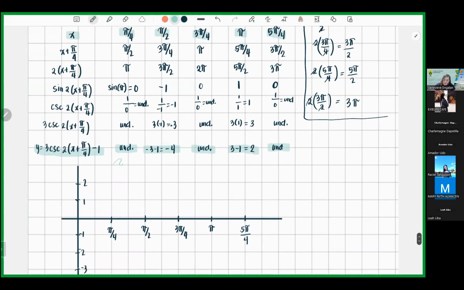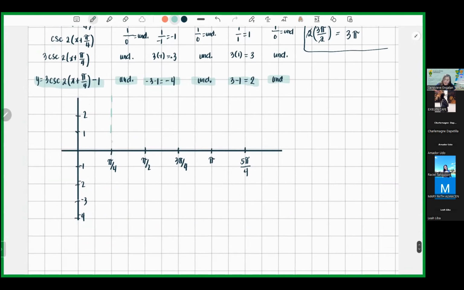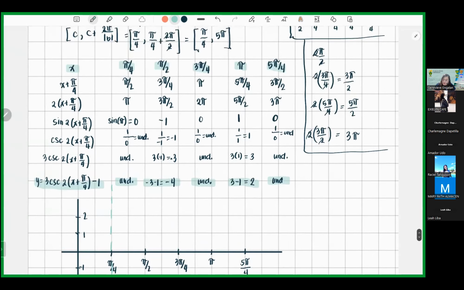Next, there is a vertical asymptote at 3 pi over 4.